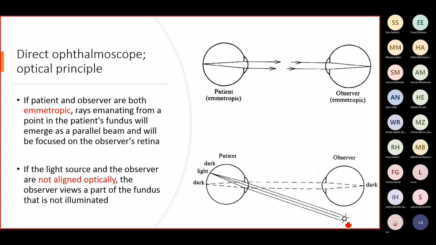So if you bring a light from your side, it will illuminate a different part of the eye from the area that you are looking at. So the whole idea is that we want to bring this light to be aligned optically with the line of sight that I'm looking at the patient's eyes through. This is the whole principle of the direct ophthalmoscope. Is that clear for you, or do you want me to repeat it?